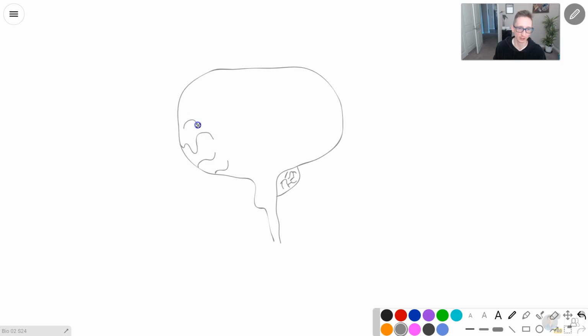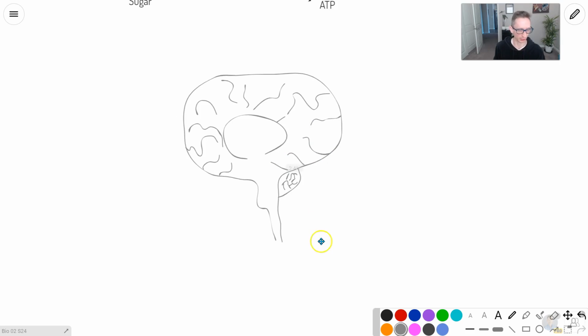Just drawing a little brain here, drawing in some wrinkles. There's a part in the center here. Kind of looks something like that. We'll talk all about the brain in more detail in the future. Let's just draw a simple one here. All right. It's a pretty good looking little brain.